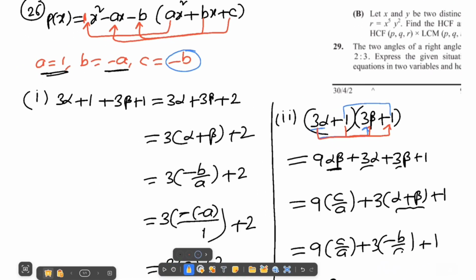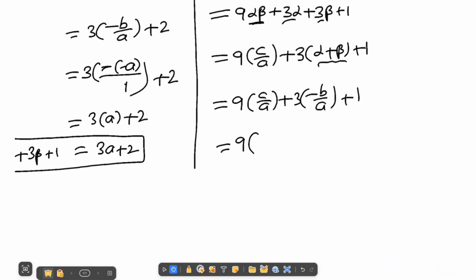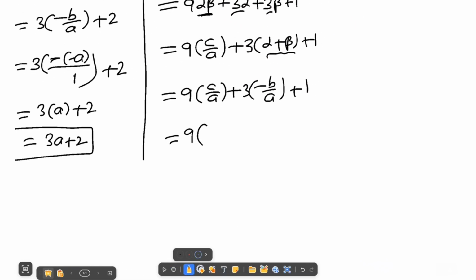C value is minus b, b value is minus a, a value is 1. So in place of c we have to write minus b, and a value is 1, plus 3 times of minus, b value is minus a, and by a, so a value is 1, plus 1.